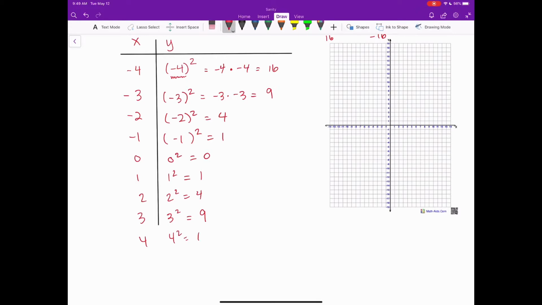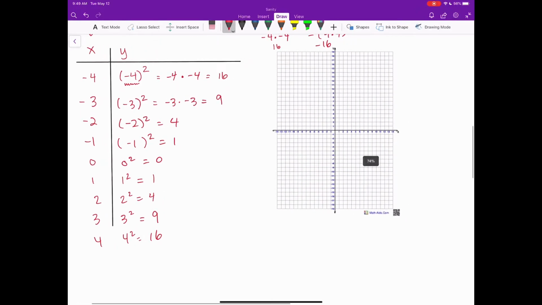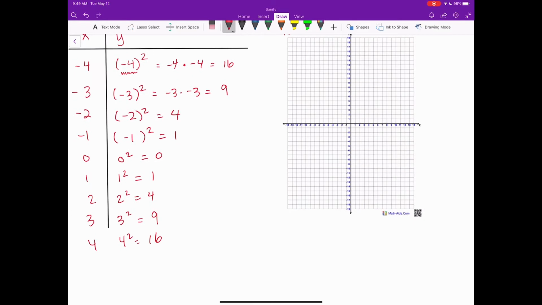4 squared is 16. So on my little graph here, if I graphed all of these equations, the first one I'm going to go out to negative 4 and then all the way up to positive 16. And then negative 3 and a positive 9. And what's the next one? Negative 2 and a positive 4.